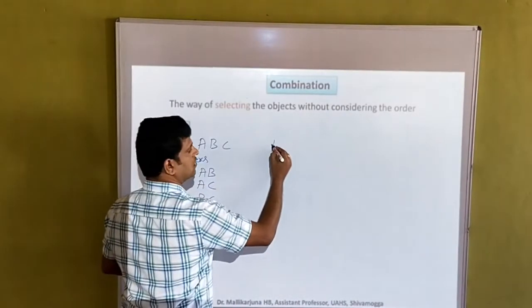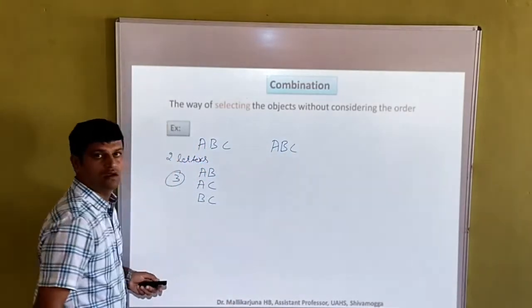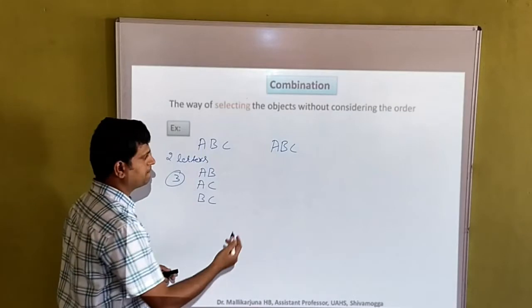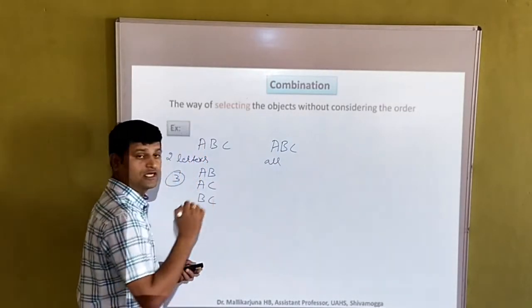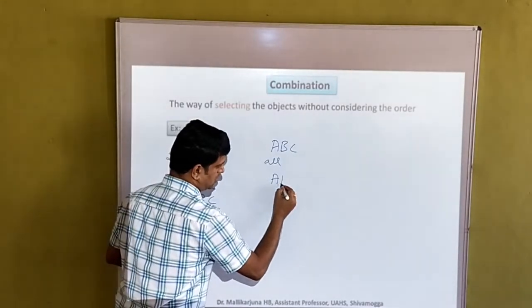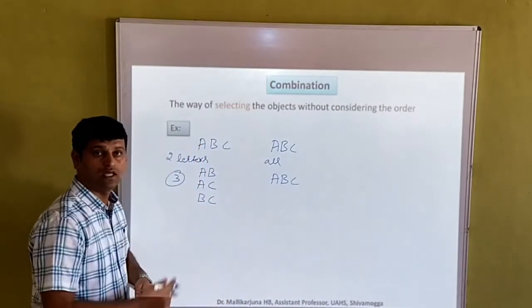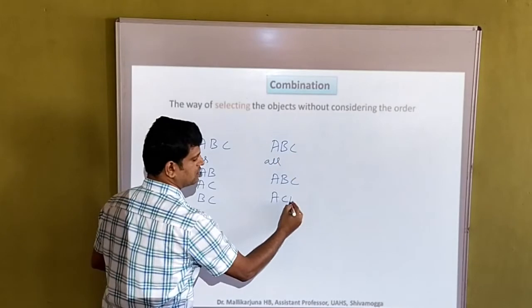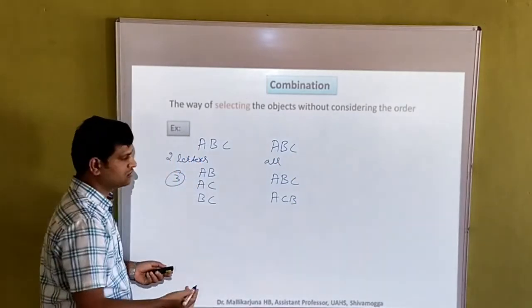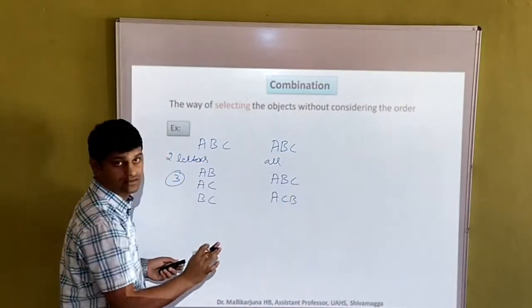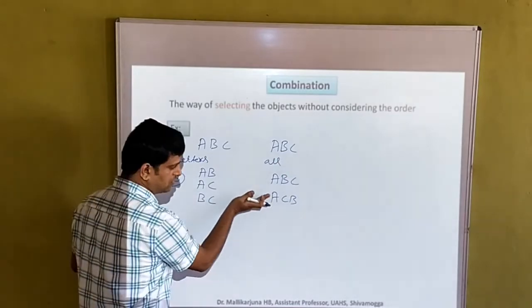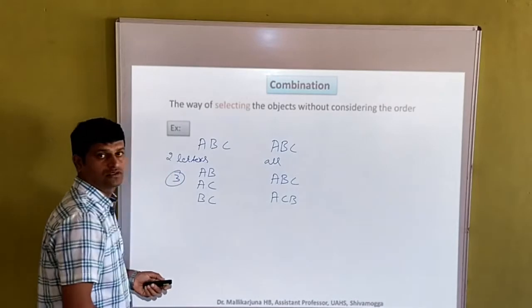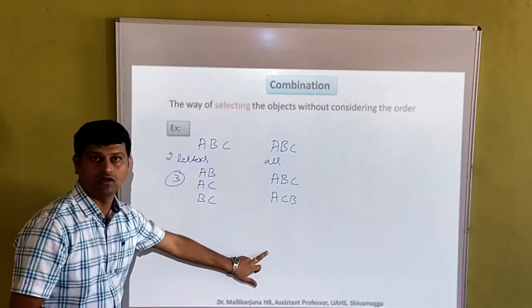Then another example. Three letters are there. Select all the letters at a time: A, B, C. The remaining ones, like ACB, I cannot write, so already we got the three letters. The others are the same repetition, so here we should ignore the orders.